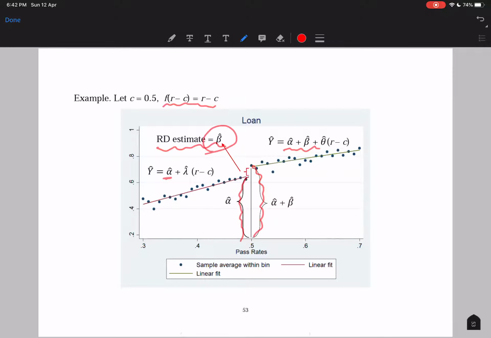That's why we say the RD estimate is actually the difference of the estimated, sorry, not slope. The RD estimate is the difference of the estimated intercepts. So alpha is the intercept when we estimate the regression from below. Alpha plus beta is the intercept from above.